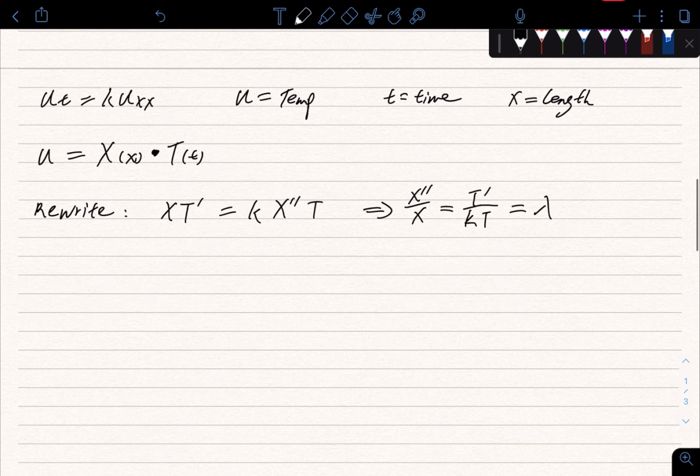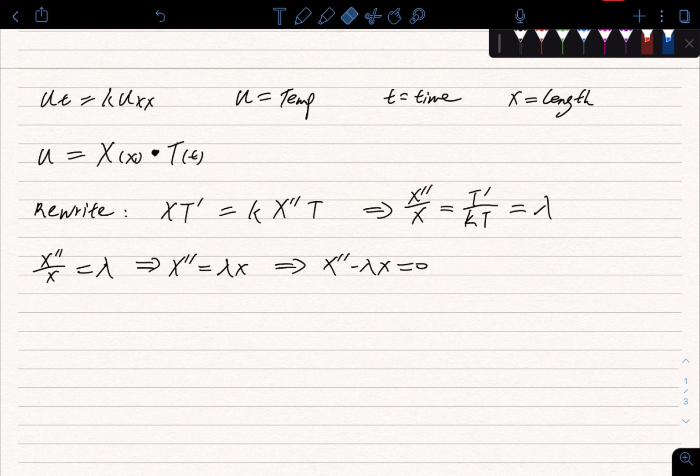So X double prime over X equals lambda. We can rearrange this again: X double prime equals lambda X, and then X double prime minus lambda X equals 0. This becomes very similar to the characteristic equation that we just solved before.